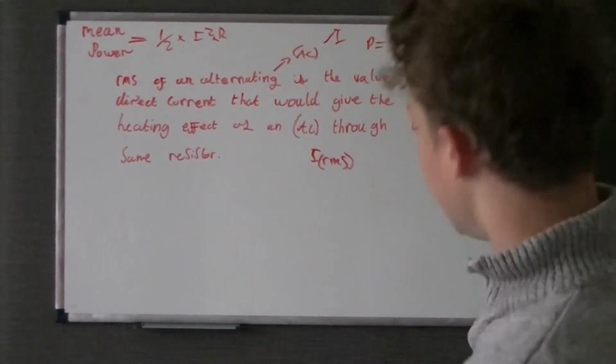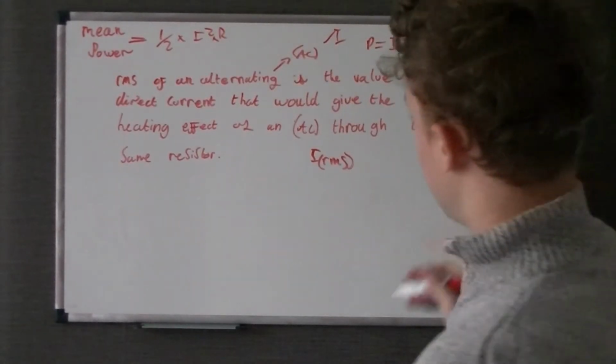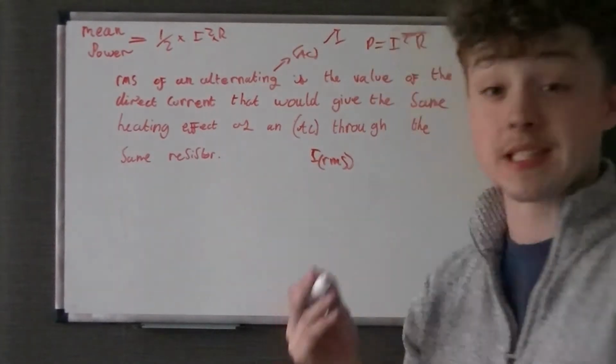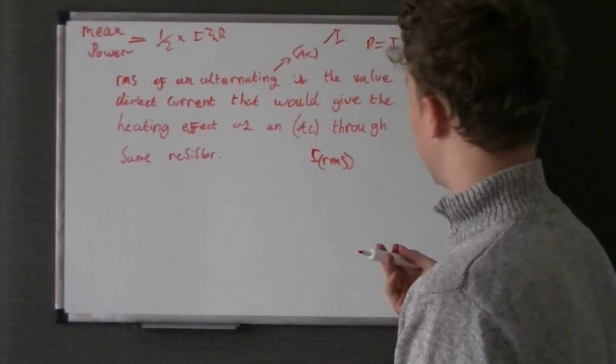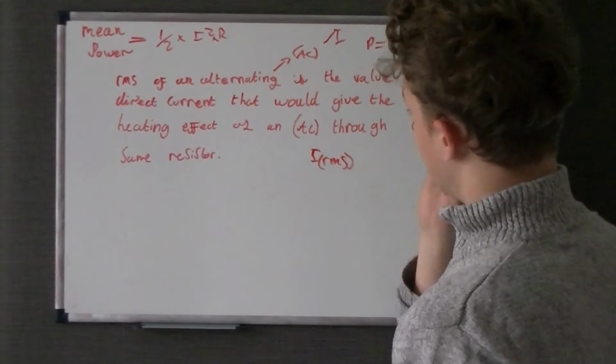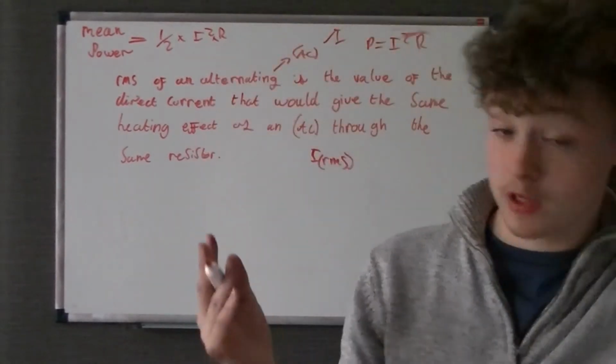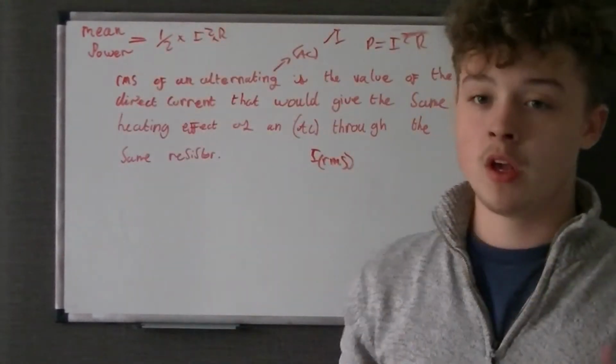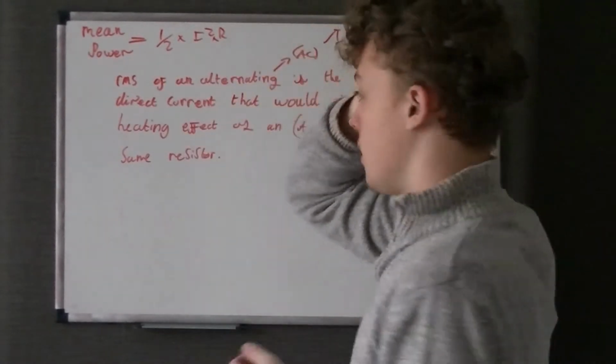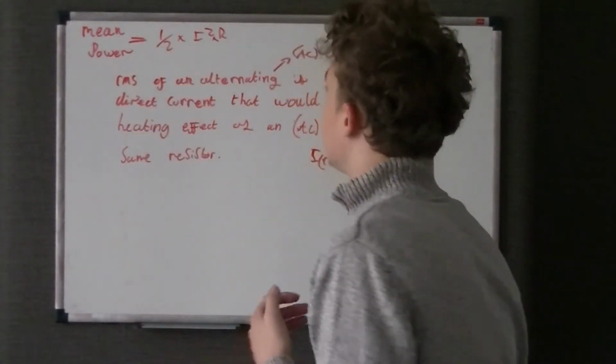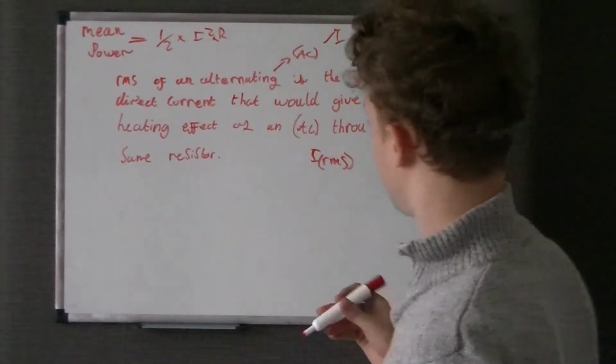So the root mean square current, yeah. So the heating effect is the power, yeah. And we times by half because obviously alternating currents go one way and the other, and you take an average of the peaks. So that's why our mean power is that.